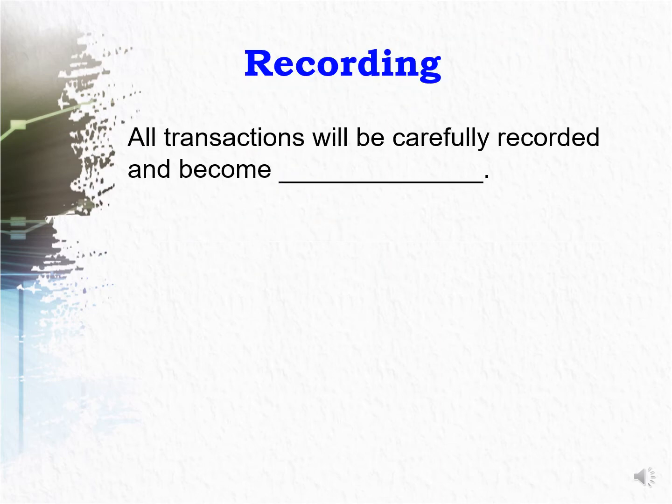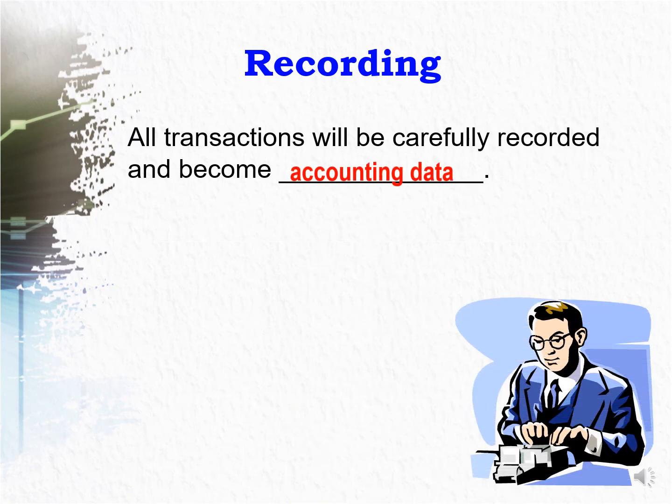It is just about all the transactions being carefully recorded and becoming accounting data. For example, if you sell goods to a customer, we record it as sales, or when we buy goods from a supplier, we record it as purchase. However, the detailed recording process we will learn in Form 4 if you choose my subject.